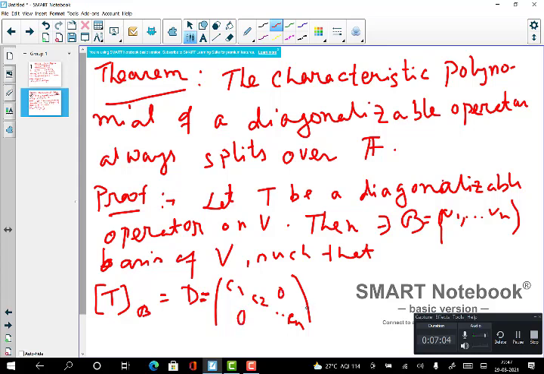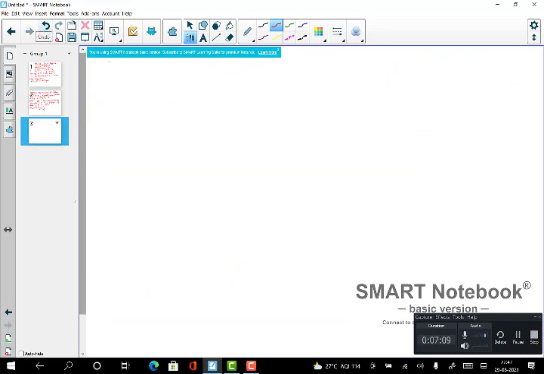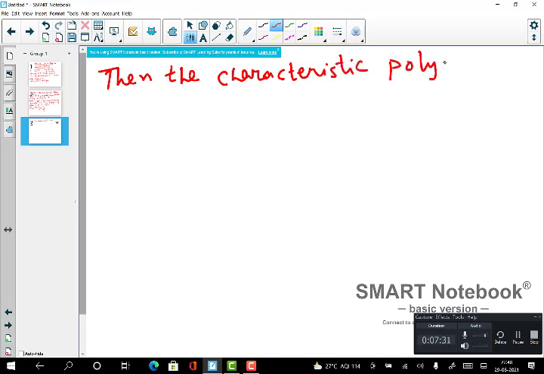Now if this is the matrix of T, then we know how to find the characteristic polynomial of T.